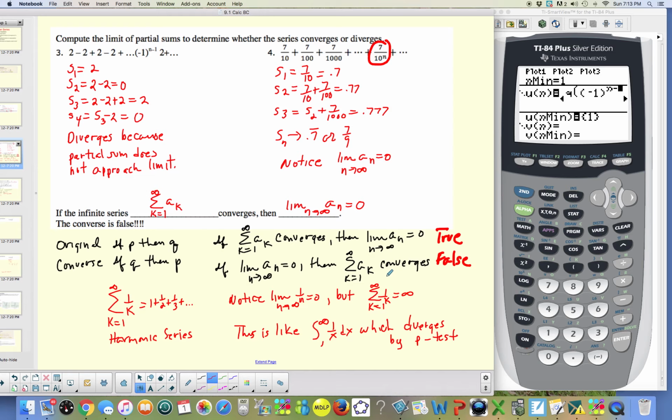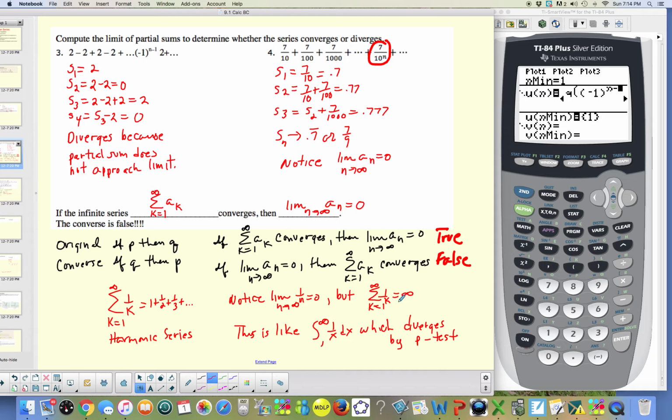To convince you of that, I have to give you a counterexample. A counterexample is something like this one right here, the harmonic series: 1 plus 1 over 2 plus 1 over 3. I want you to notice that each term, as we add it, is getting smaller and smaller and going to 0. But in actuality, the partial sums are getting larger and larger.